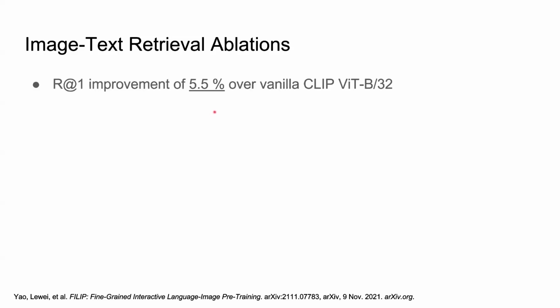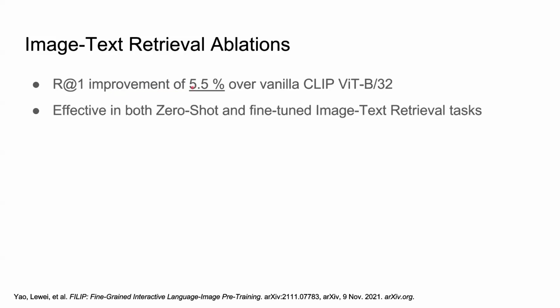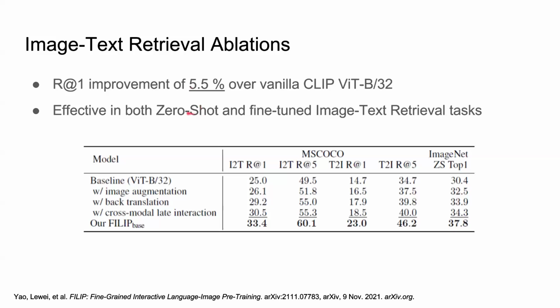So next we have some ablations that FILIP presents to us just to show us how they got their results. They claim an improvement of almost 6%, and they claim that this is both in zero-shot and fine-tuned settings. So if we look here, let's break it down row by row.